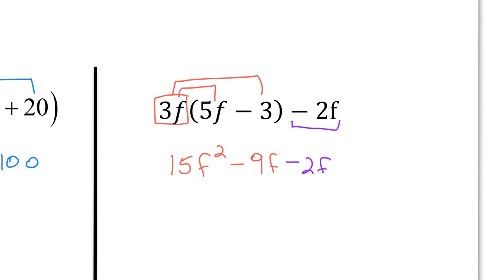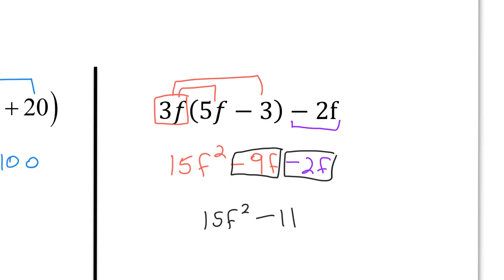Now you're going to combine like terms. We do have like terms. If you look at these two terms, negative 9f and minus 2f, those have the same variables. Look at the variables, f and an f, and the f's have the same exponents. This one has a squared, so we don't have another f squared, so we just bring that one down, 15f squared. And when you combine negative 9f minus 2f, negative 9 minus 2, you just combine the numbers, that's going to be negative 11.